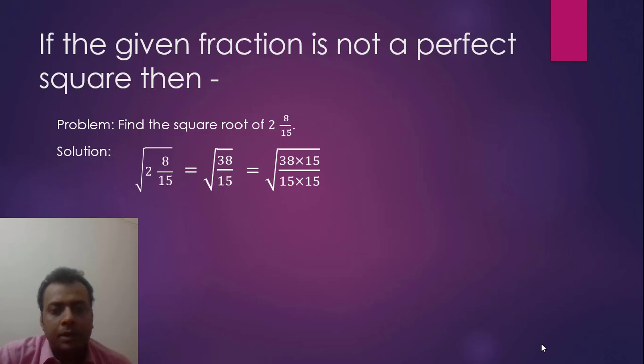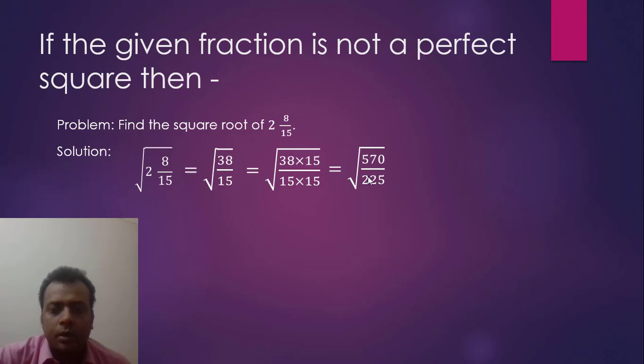Now you have to multiply both the numerator and denominator by 15, or by the denominator. You have 15 as the denominator here, so you multiply 38 by 15 and also 15 by 15. In this way you will get a perfect square in the denominator.